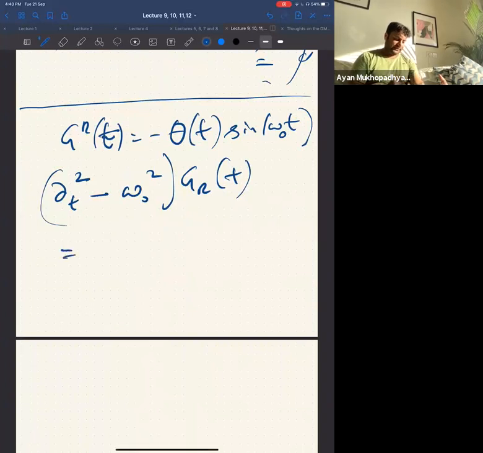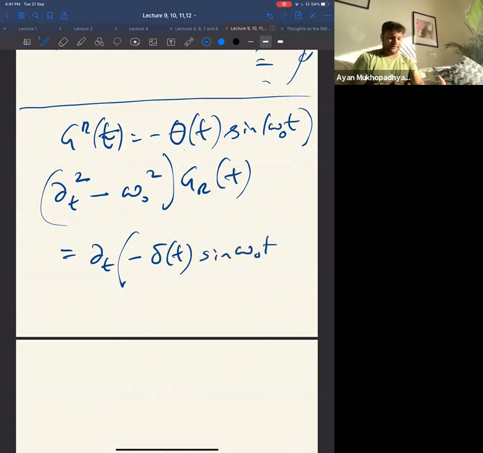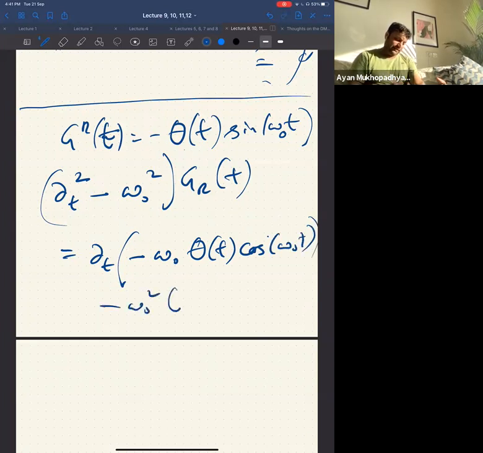If I take the first derivative with respect to t, I get minus delta(t) times sine omega naught t, but that is 0, because when t is equal to 0, whatever is there vanishes. So I can omit this, and I only take the derivative here. I get minus omega naught theta(t) cos omega naught t, and then minus omega naught squared of the same thing, theta(t) sine omega naught t.